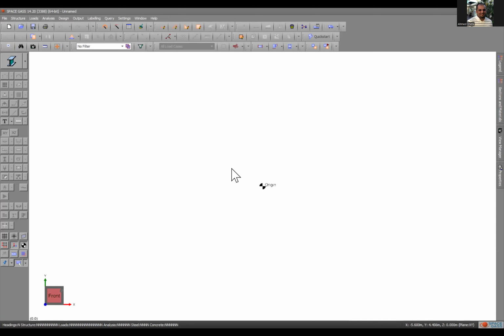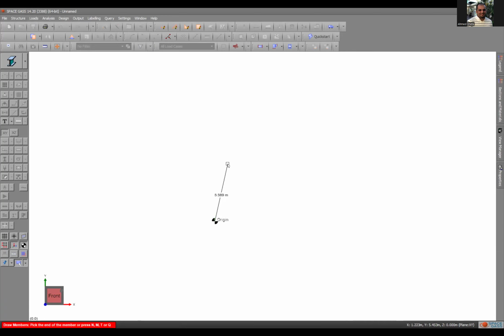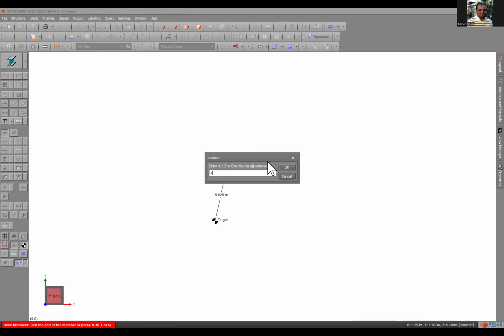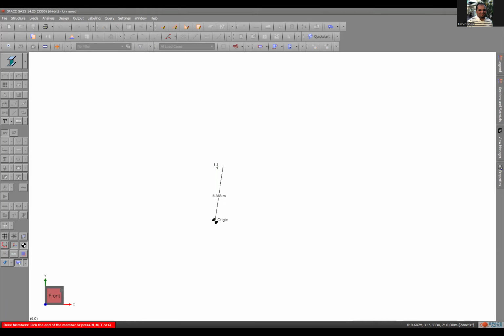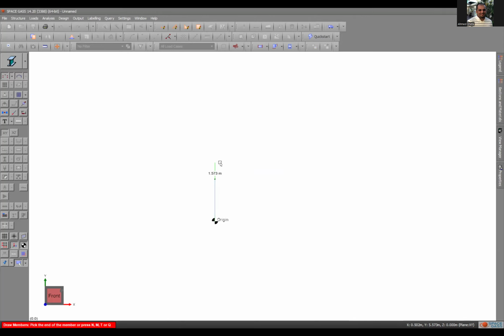This is the software interface. Firstly, we need to draw the frame. From structure, you can draw with nodes or members. I will start drawing with members from the origin. The first member is the column, which is 4 meter high. The first part is 4 meter. Then the second part is 2 meter.